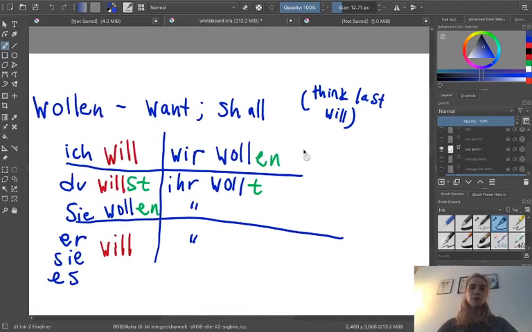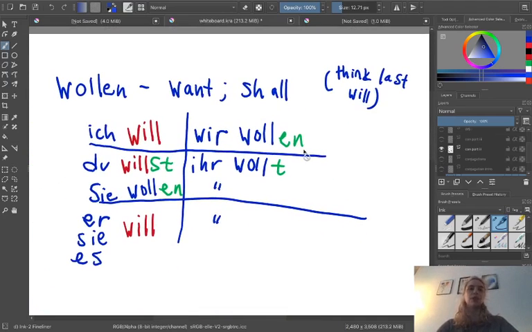So wollen und sollen. So I wrote here, think last will, like last will and testament, which I know is a little bit morbid, but you could think of a will as a document that expresses intent. So wollen often gets confused with werden, the word for the future tense in German, because of this ich will, er/sie/es will form.